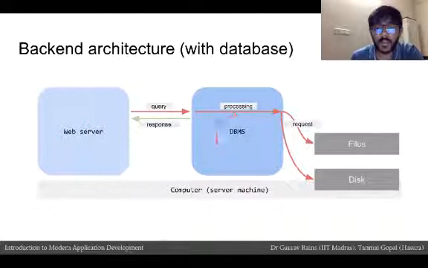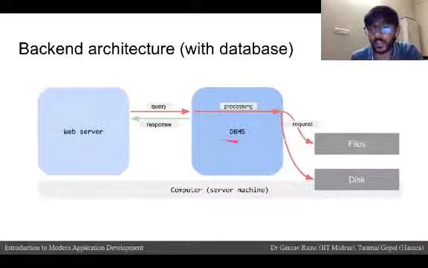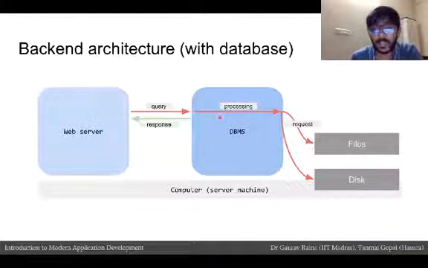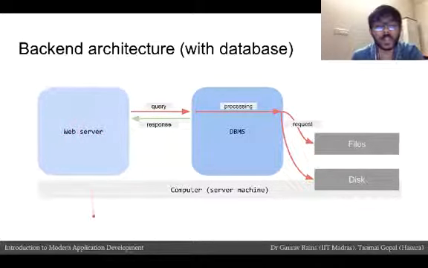There's another software called the DBMS, which is, say, your MySQL or Postgres or MongoDB, and this is your web server. So your web server makes a query to the database, which processes that query, contacts various files or the disk to obtain the results of that query, and gives that response back to the web server. And then the web server processes that response, loads it into data structures, processes it, and uses that potentially to give a response to the client.